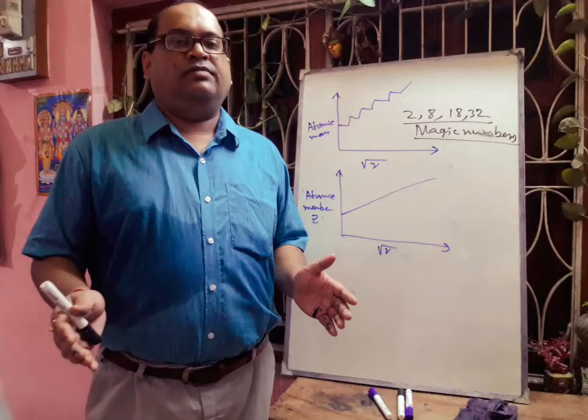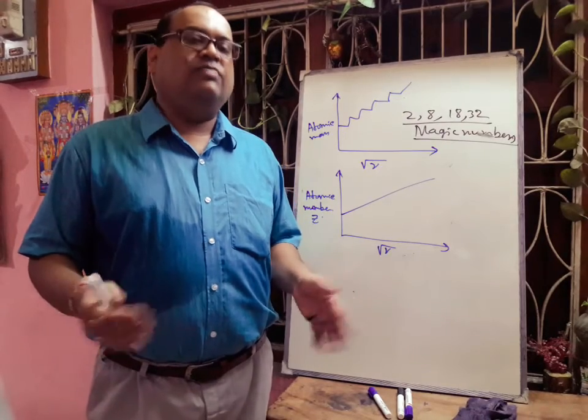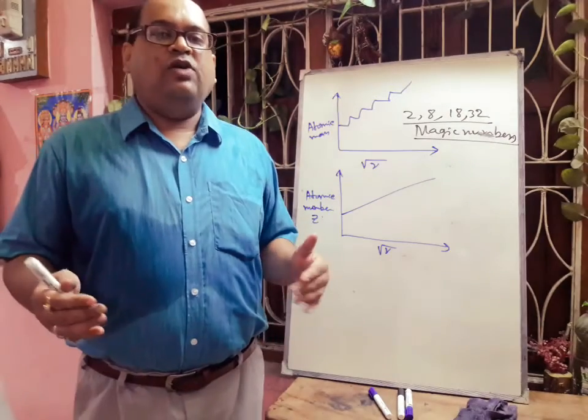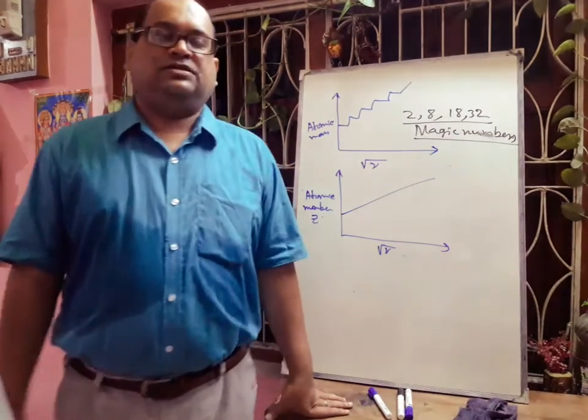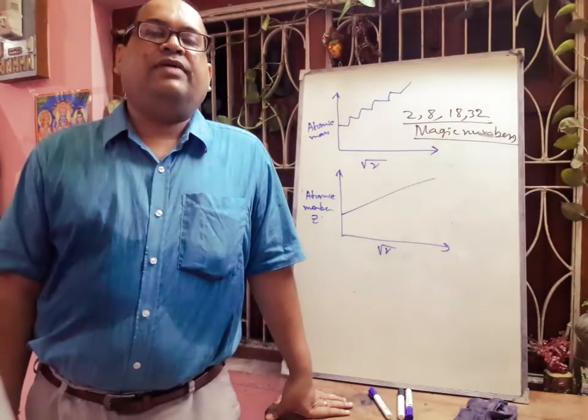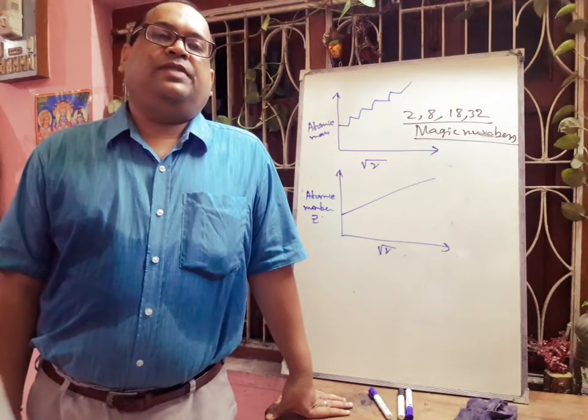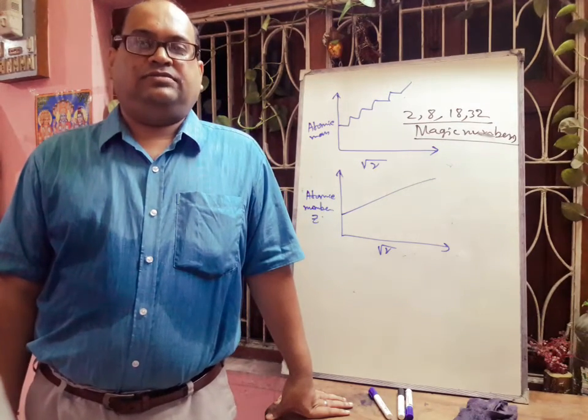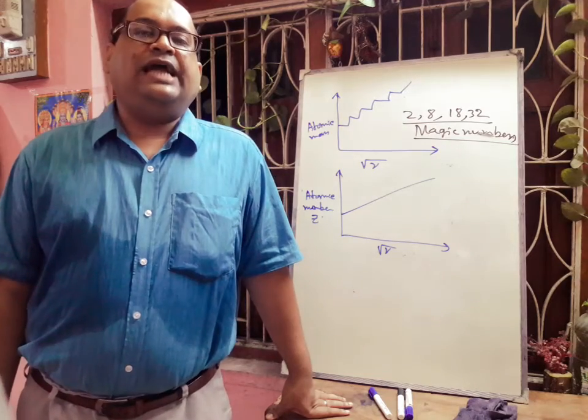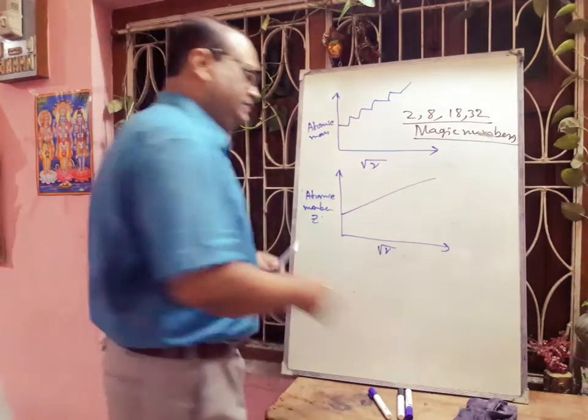Today we will discuss one more topic, the IUPAC nomenclature of elements where the atomic number Z is greater than 100. Suppose I write 101.